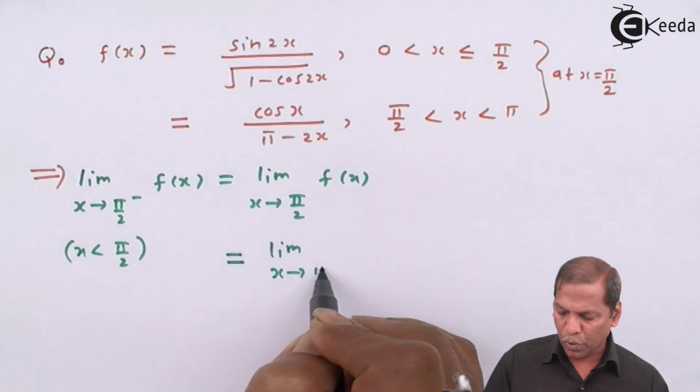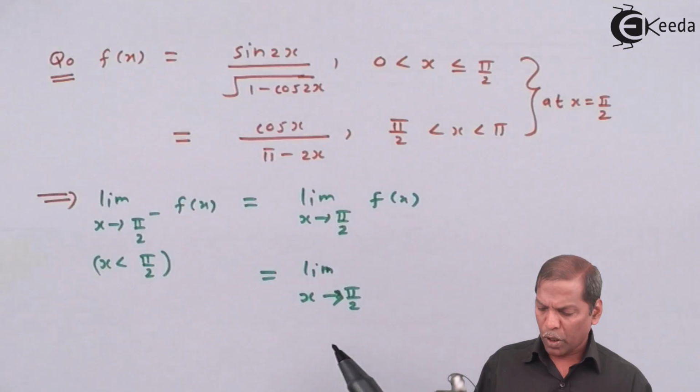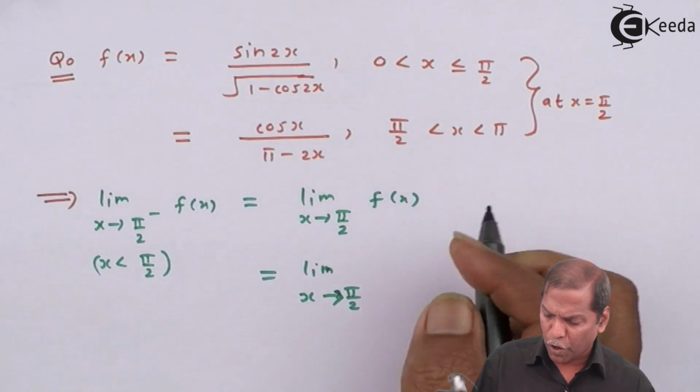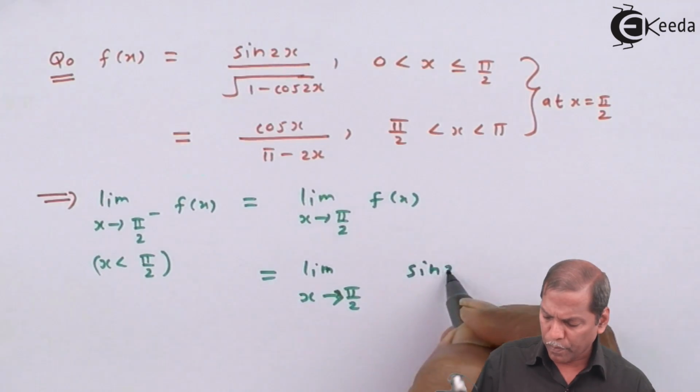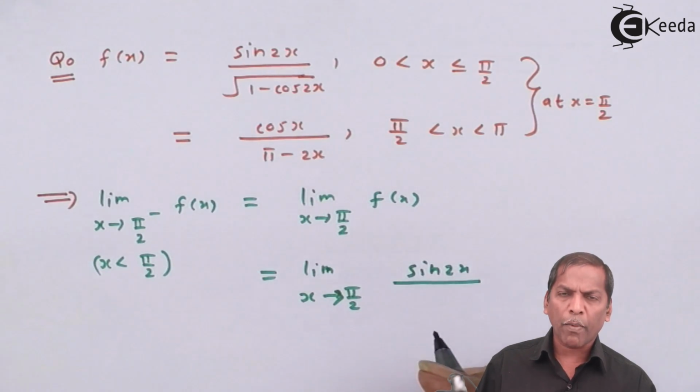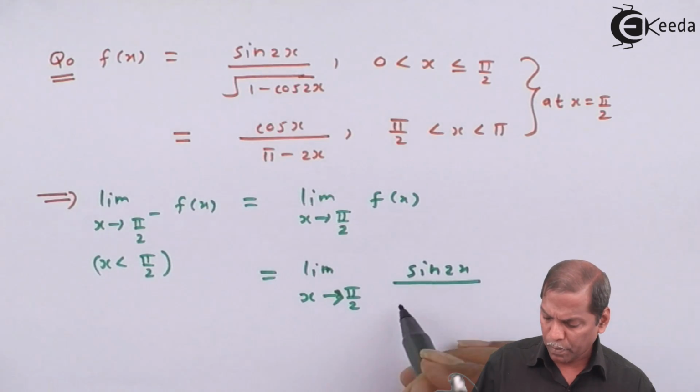limit x tends to pi by 2. Now for f of x we substitute sine of 2x upon square root of 1 minus cos of 2x.